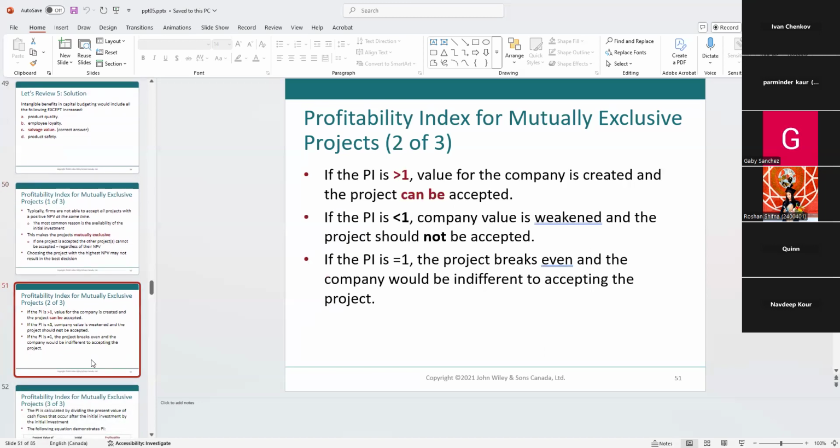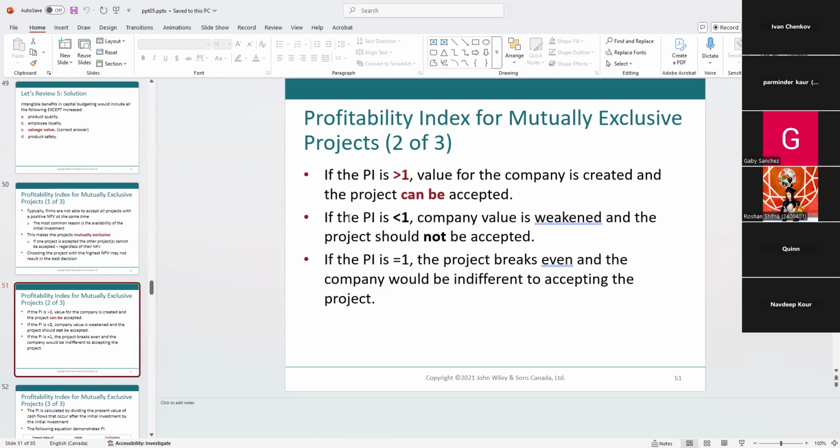So for that reason, we're going to have a new thing, which is the profitability index. The decision tree here is: if the profitability index is equal to 1, then the project breaks even and the company would be indifferent to accept the project or not.